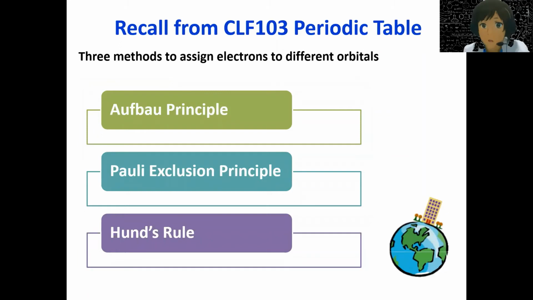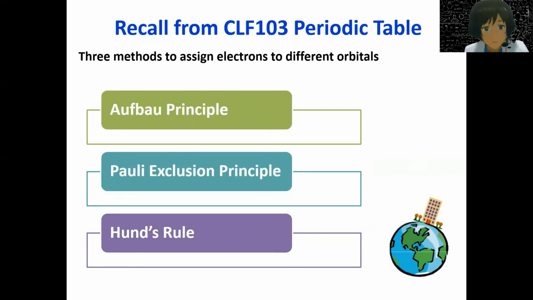There are 3 rules to assign electrons to different orbitals. If you recall, you learned about the Aufbau principle, in which the electrons are filled in the orbitals in a way to minimize the energy of the atom according to the order: 1s, 2s, 2p, 3s, 3p, 4s, 3d, 4p, and so on.